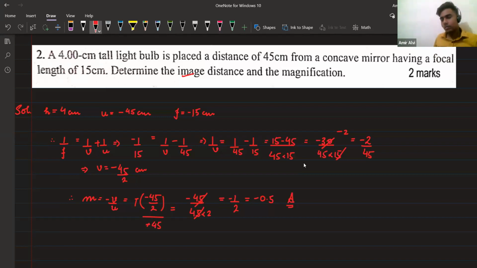Then 15 threes are 45, 45 ones are 45. So 3 minus 1 will be 2. So I wrote 2 by 45. Then reciprocal, V is equal to 45 by 2. So dear, V 45 by 2 is nothing but 22.5. Yes. Okay. The answer you get is completely right.